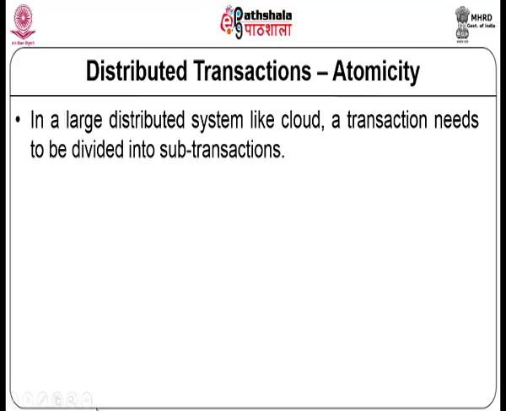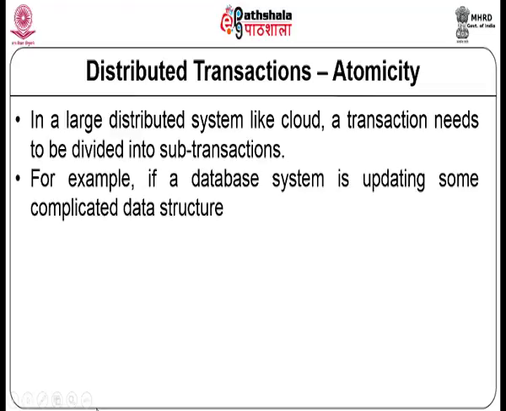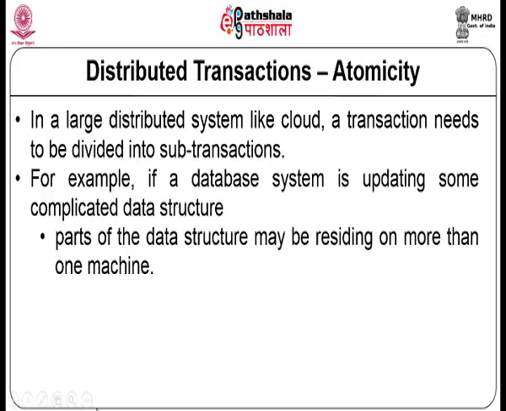So, what is atomicity? In a large distributed system like the cloud, a transaction needs to be divided into smaller sub-transactions. As an example, say a database will be updated. Maybe we have a large data structure and we want to update it.